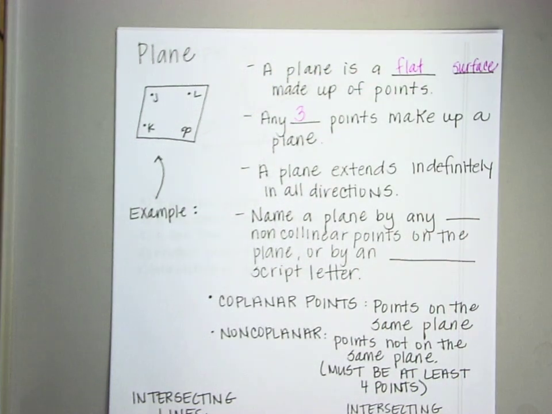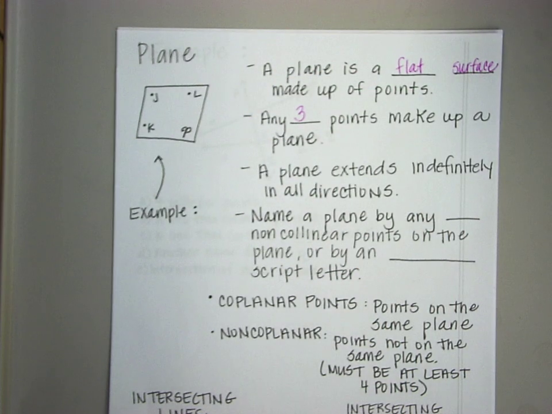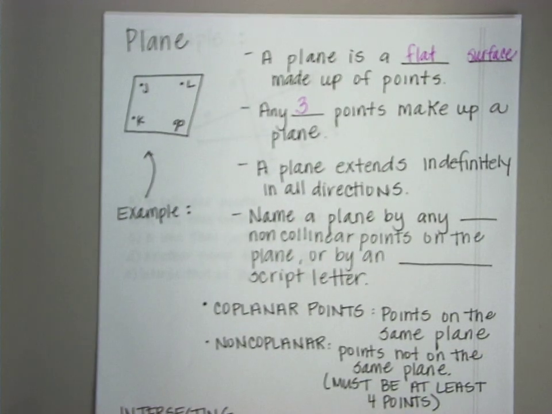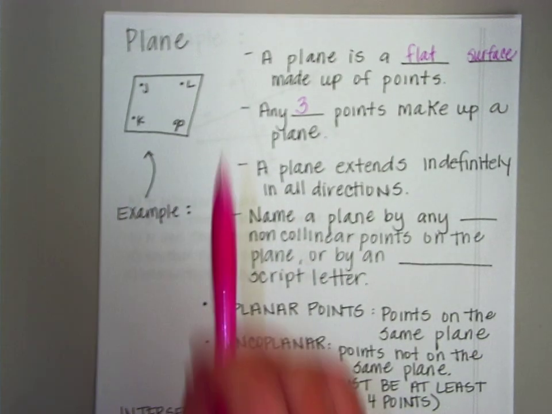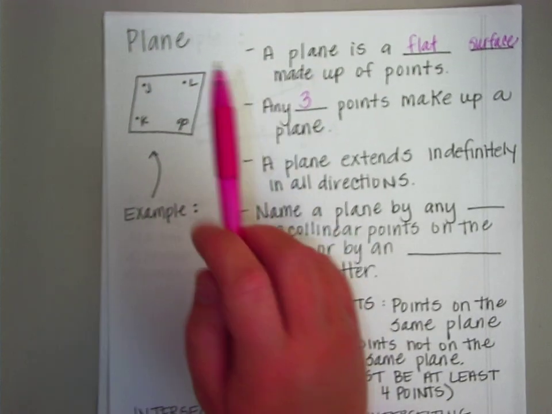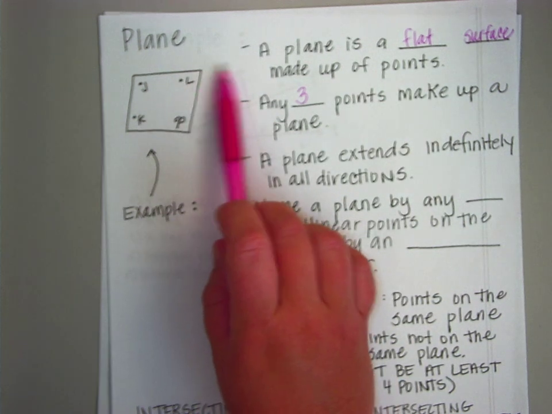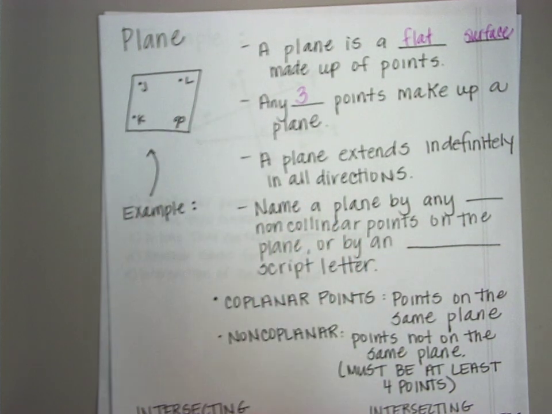So you have to have at least 3 points to make a plane. A plane also extends indefinitely in all directions. It means it keeps on going in all directions. So it keeps going here, and it keeps going here.